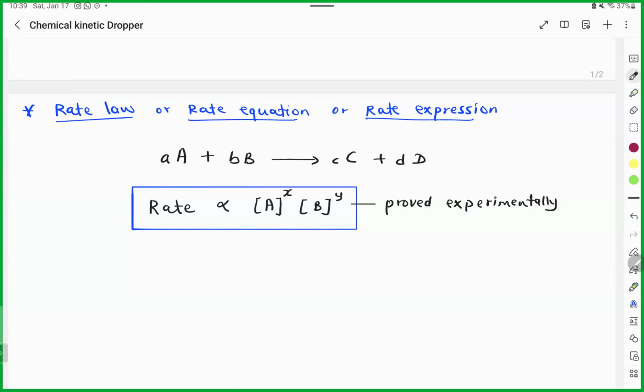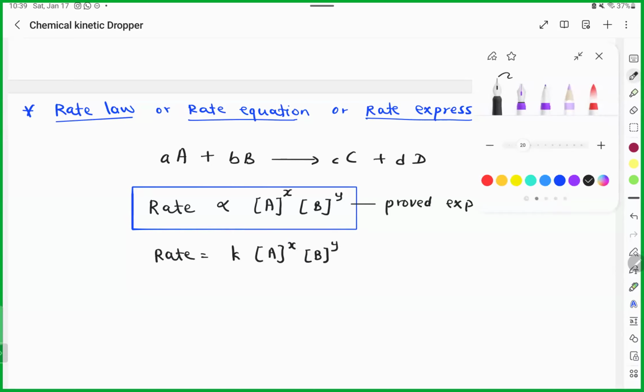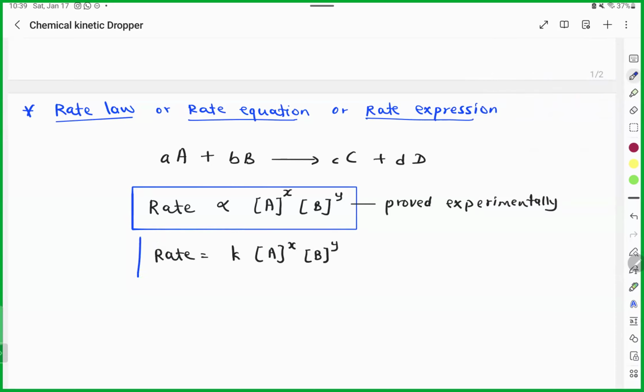So if you remove the proportionality constant, you will get rate constant times A raised to power X and B raised to power Y. So we are saying it may or may not be equal to the coefficient of A or B. We don't know. It could be same, it could be different. It will be explained based on the reaction.